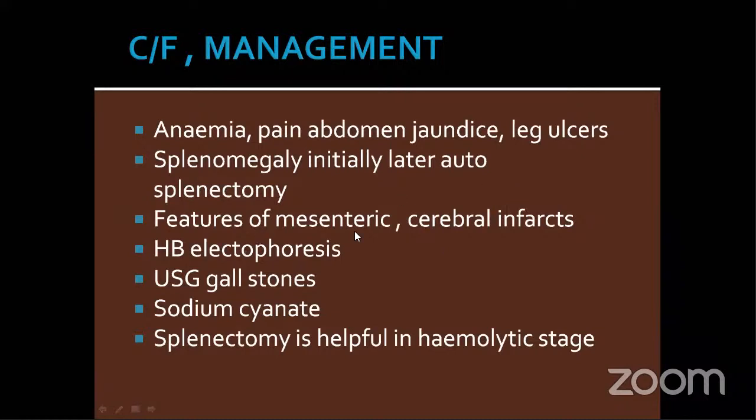And if you do Hb electrophoresis, you can detect the HbS on hemoglobin electrophoresis. Okay. And on ultrasound, there could be gallstones. So splenectomy is useful if the patient is in severe hemolytic crisis. If the spleen is rudimentary, you need not do splenectomy at all because it's not going to be very useful.